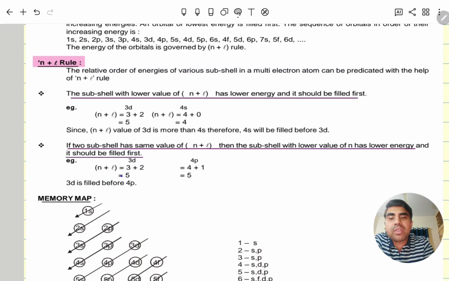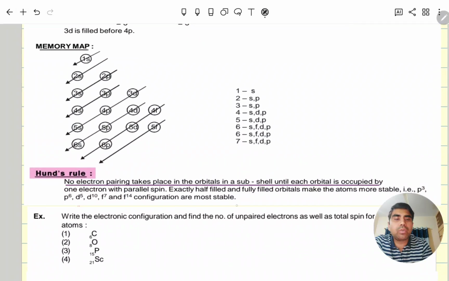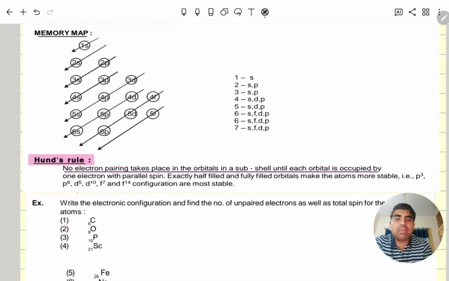So this one has lower energy. So this is the n plus L rule. And after this, lastly, Hund's rule. Hund's rule says that while filling electrons in a degenerate subshell, first we should fill one electron in each orbital, and after that we should do pairing. That's it.